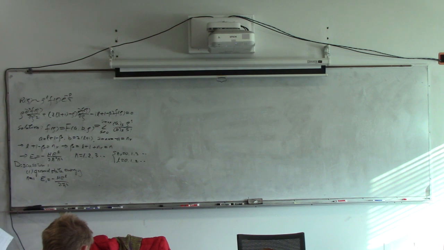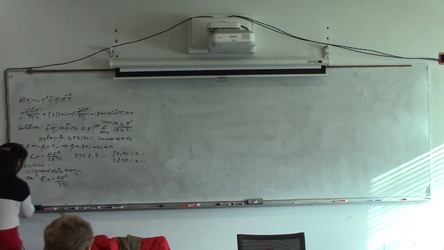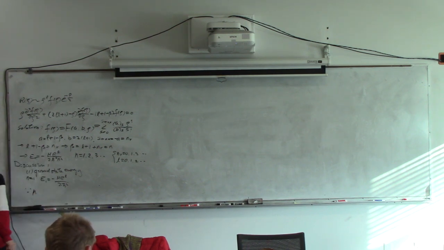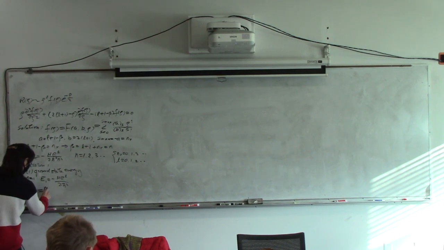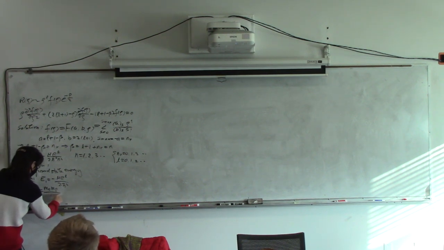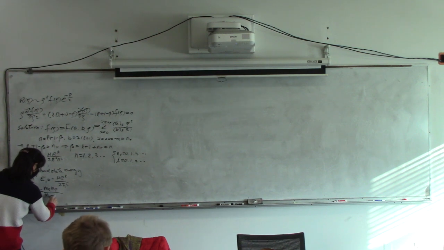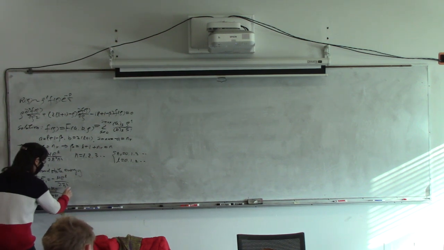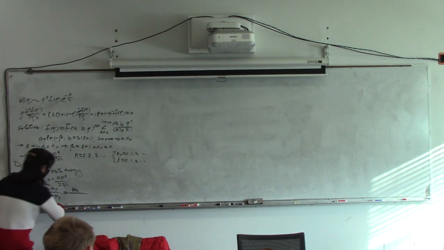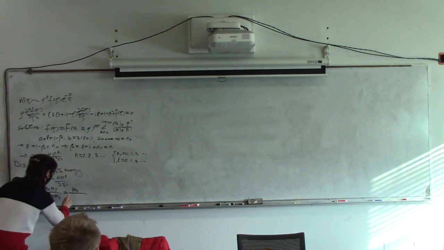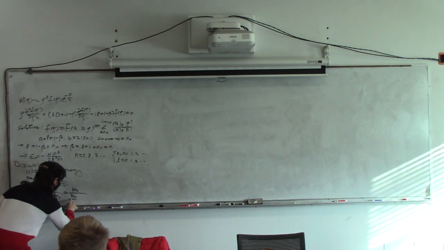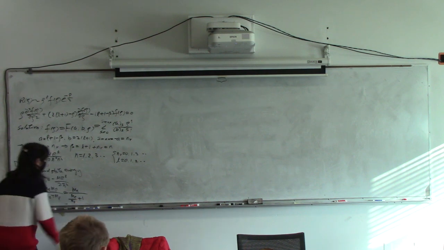Remember, because mu is a reduced mass, that is m_e m_proton in the numerator, and the denominator m_e plus m_proton, or m_e divided by m_proton, up and down, so we have m_e over one plus m_e over m_proton.